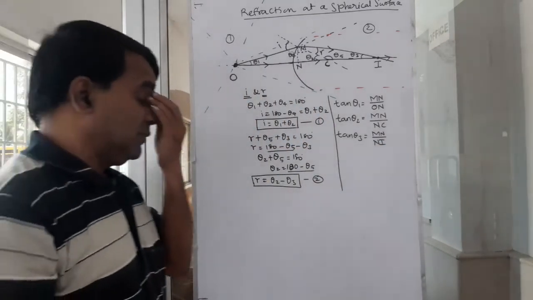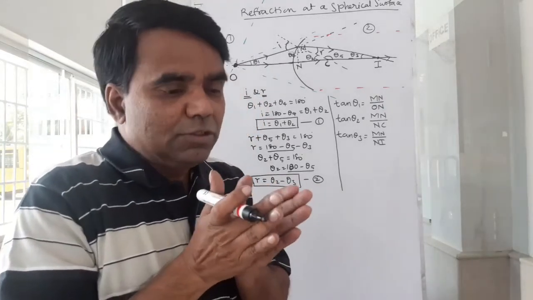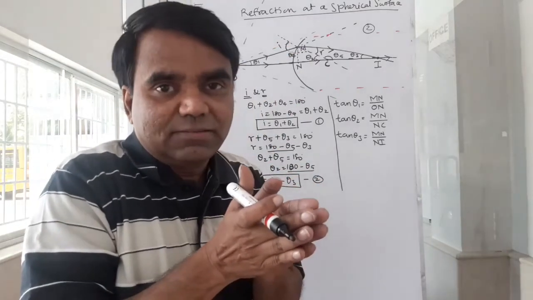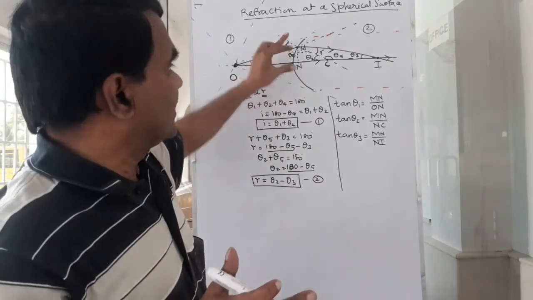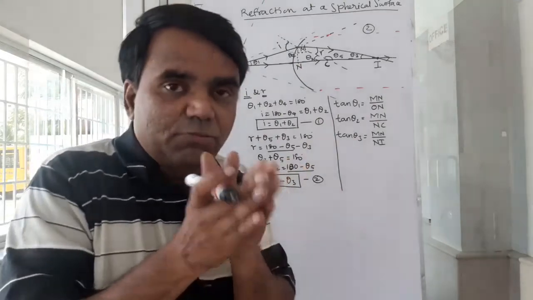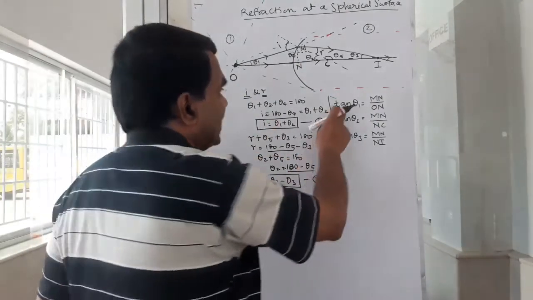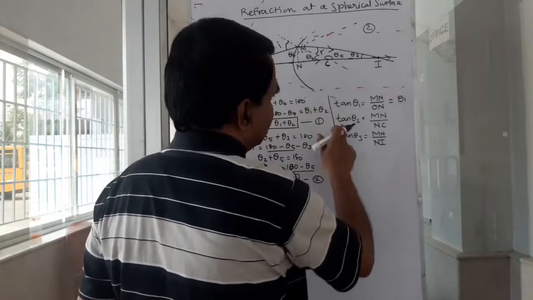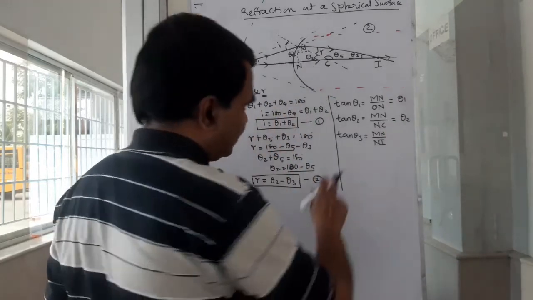Okay. I said they are all paraxial. So which means these rays will make very small angles. Okay, they are very close to the axis, so they will make very small angles. So theta 1, theta 2 and theta 3 will be very small angles, and I can say tan theta 1 is actually equal to theta 1 in radians, and tan theta 2 is theta 2 in radians.